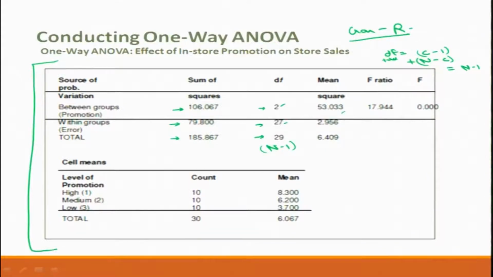Then we have mean square values and the F ratio. So, this was one way ANOVA. The effect of in-store promotion on the store sales is significant because the critical value here was 3.35, and 17.94 is greater than 3.35.